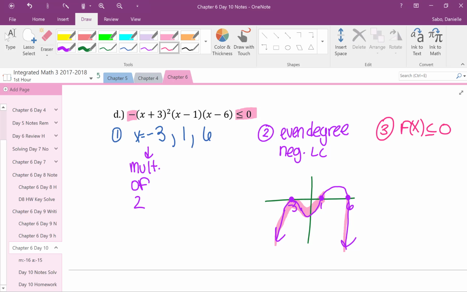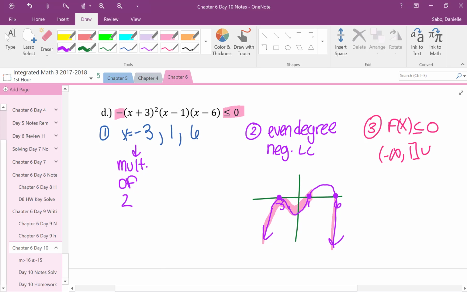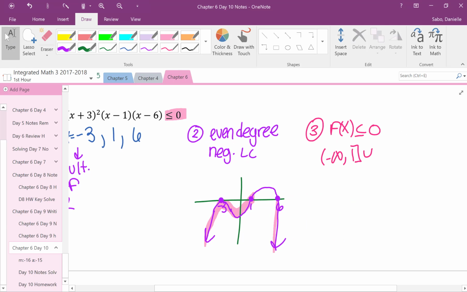Again, we don't have to stop at each one because it says equal. So I can start at negative infinity and stop all the way at 1, and I'm going to include it. Then I'm going to go from 6 to where? Good, 6 to positive infinity. Remember, if you ever get stuck, you're just talking about those x values.